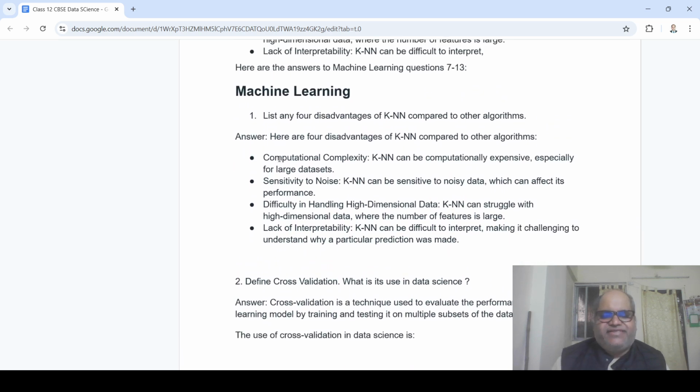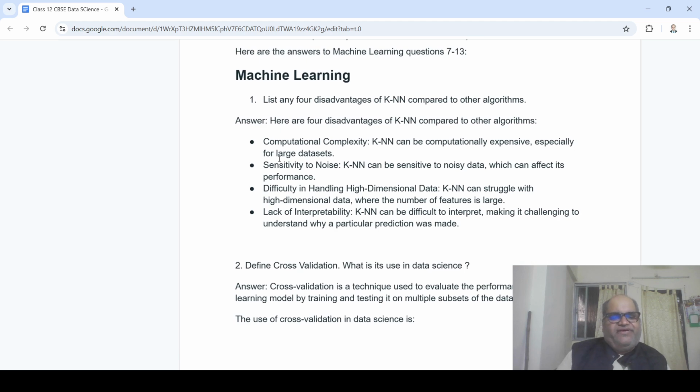What is cross validation, and what is its use in data science? Cross validation is when you divide your whole data set into multiple groups, say five, so k-fold cross validation. In 5-fold cross validation, you divide your data set equally into 5 folds, and then use one fold for testing and 4 for training, and then repeat.